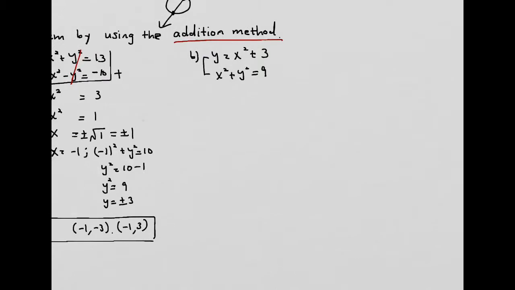The next problem, B, we have a circle and a parabola, right? The first equation is quadratic. The second equation is a circle. So if I wanted to use the addition method, I'm going to rewrite this problem for comparison.